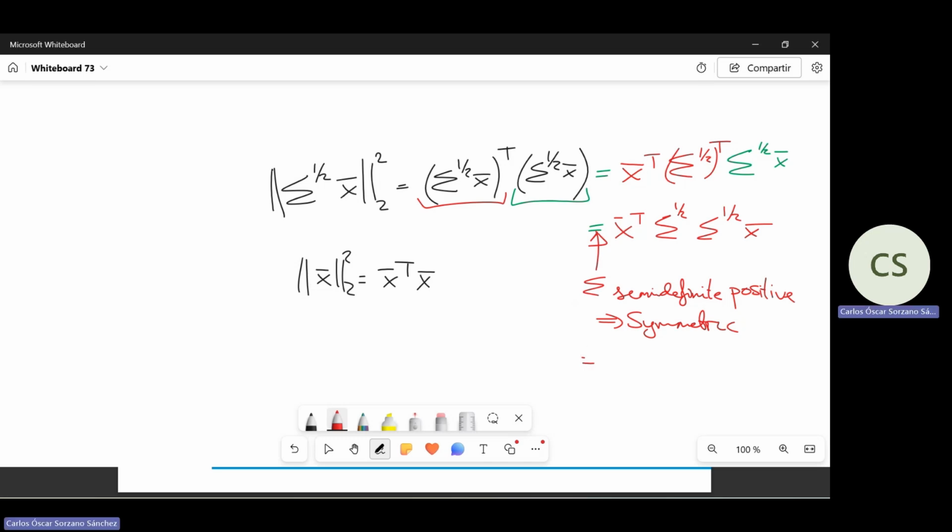And then this is the square root of a matrix times the square root of the same matrix, which is sigma. So writing this or writing this is the same.